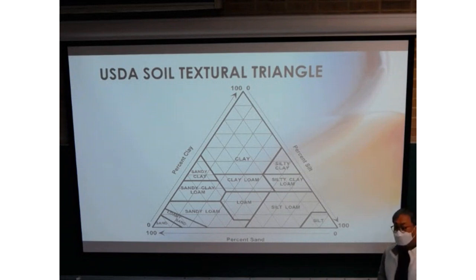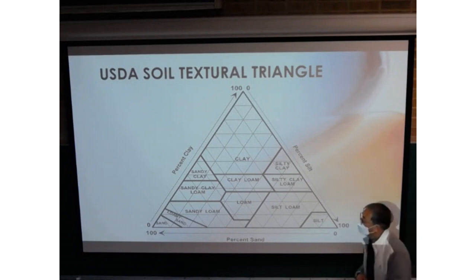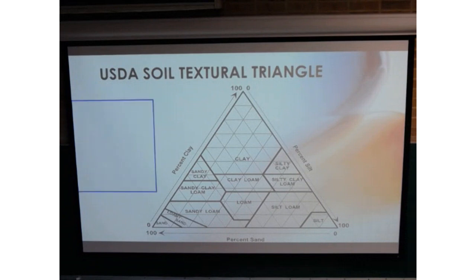It's okay because USDA made this triangle. So we use this soil texture triangle to classify the soil texture classes. And in the soil texture triangle, we are able to see 12 soil texture classes. And how can we use it?